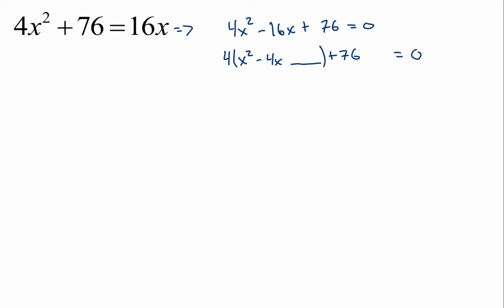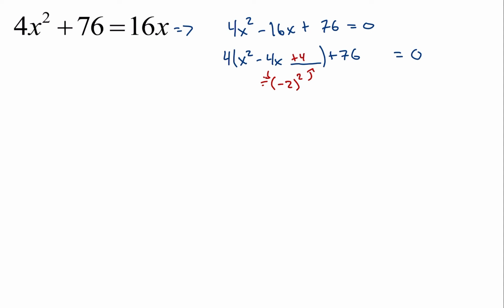Okay, now I'm going to take half of negative 4, which is negative 2. And then I'm going to square it and put it back up here. It's going to give me plus 4.